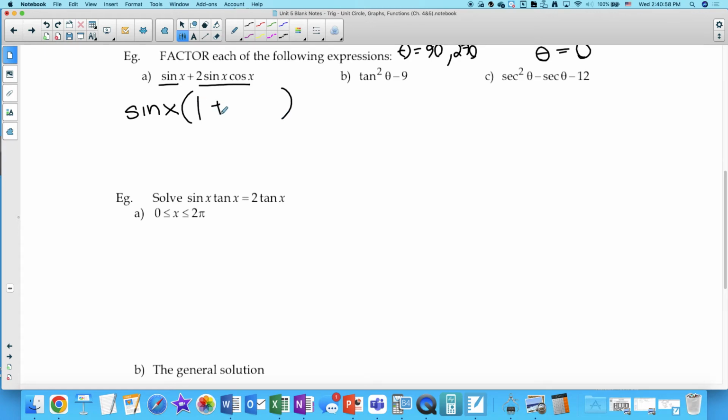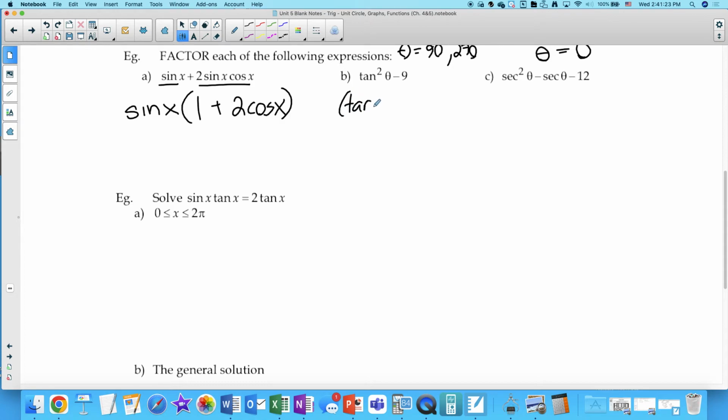Tan squared theta minus 9. So when I see something like this, eventually you'll be able to just see that's like tan theta squared. You may even be there right now, but if you want to rewrite it as this, there's no common factor, but can we factor it?